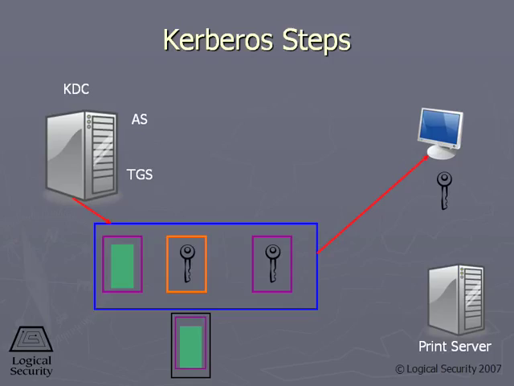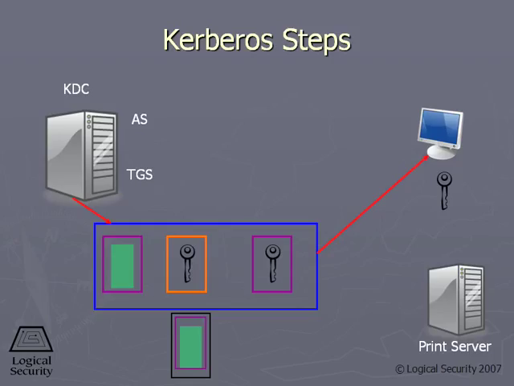So what we have is that I told the KDC, look, I need to do a print job. I need to communicate with the print server. The KDC, the TGS service that's on the KDC, created a ticket with 2 instances of the same session key.